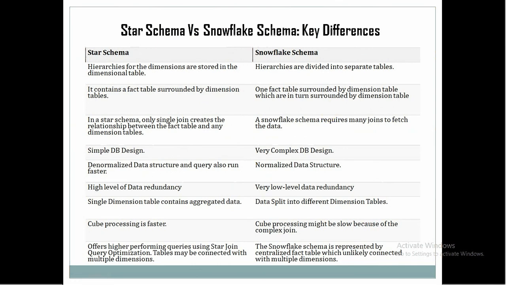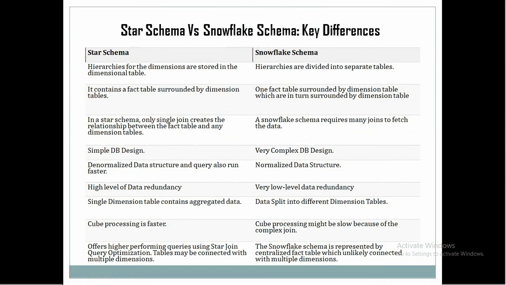In star schema, only a single join creates the relationship between the fact table and any dimension table. In case of snowflake schema, it requires many joins to fetch the data. Star schema has a simple database design, and snowflake schema has a very complex database design.